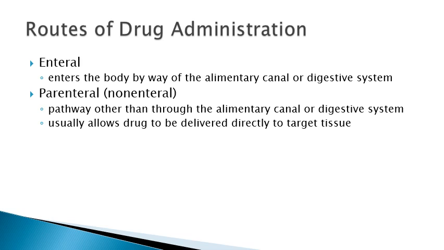As far as the enteral route, it has to go through digestion in order to be distributed through the circulation, then go out throughout the body. So the parenteral approach does give you a little bit more of a targeted delivery of the drug.